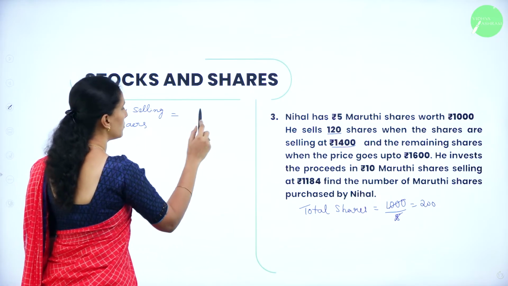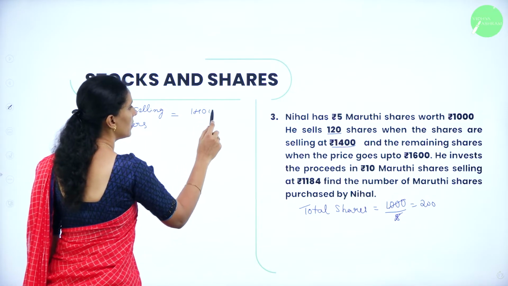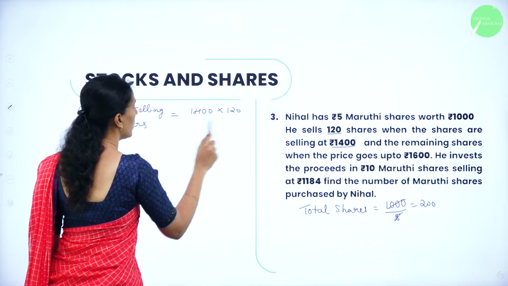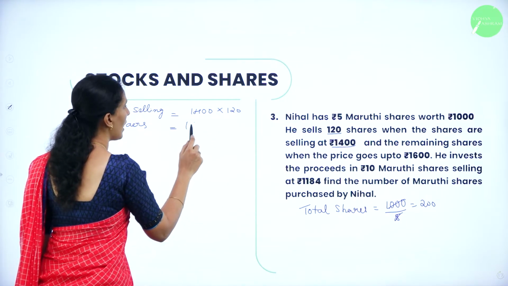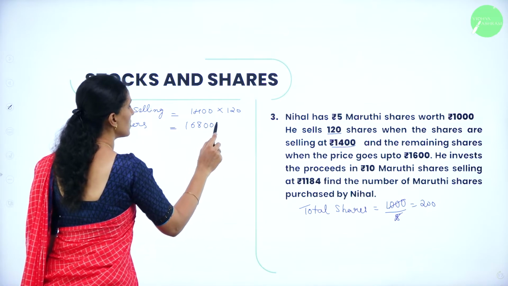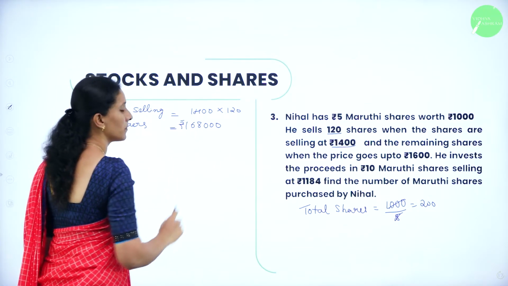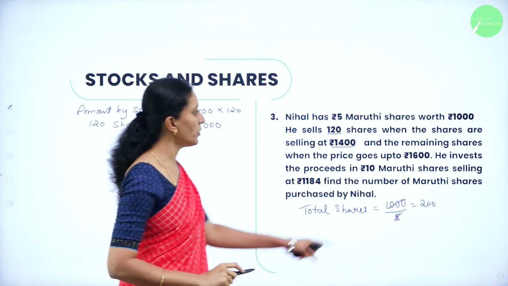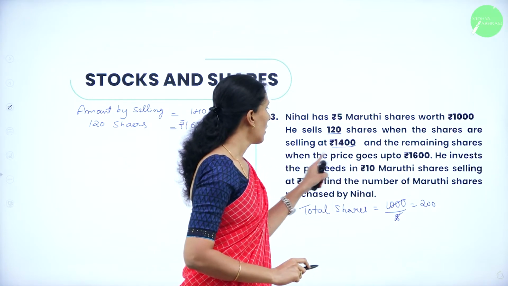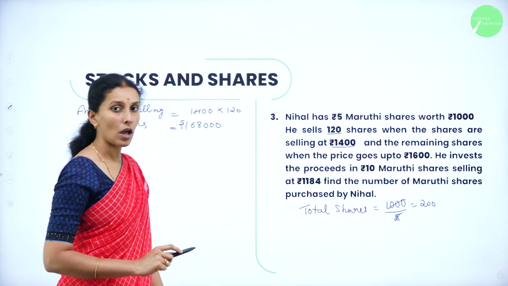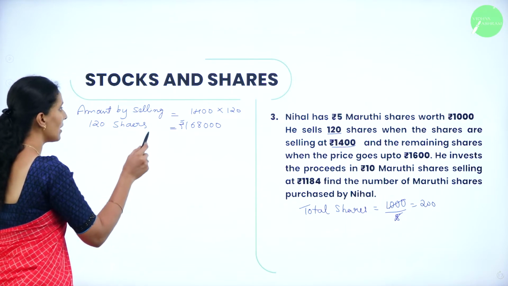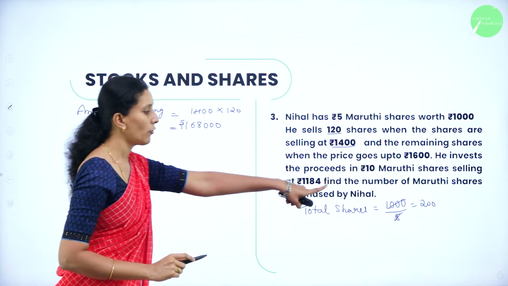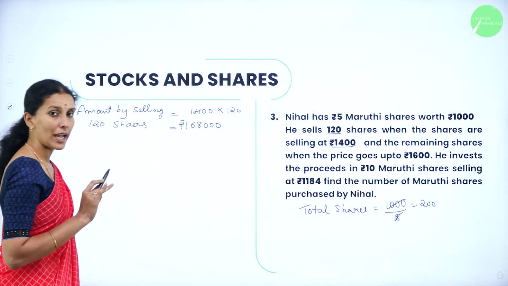That is equal to 1,400 into 120, that is equal to 1,68,000 in terms of rupees. Next, they have told you remaining shares will be sold when the price was 1,600. So remaining means 120 out of 200, we have only left 80 shares.